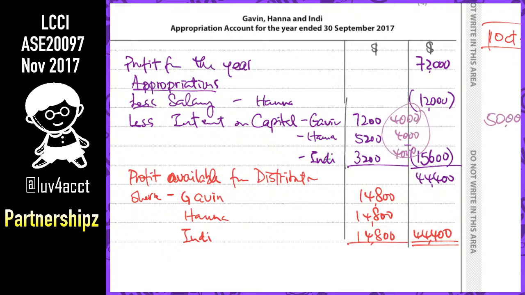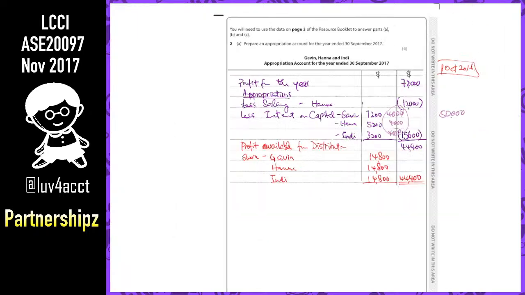If that is the case, then it is still possible, but I do not like it, because at the start of the year, that is the introduction of the new partners, everything should be fixed, firm, and the new capital should be taken into account when you calculate the interest on capital, because it happened on the first day of the year. You should not ignore the whole thing and just use 50,000. Anyway, let us continue.